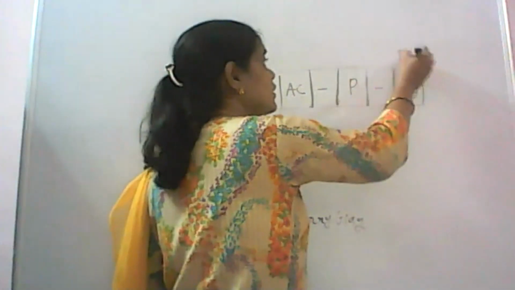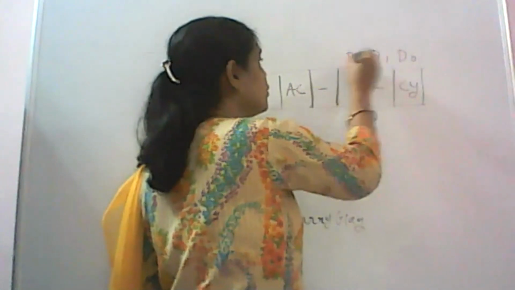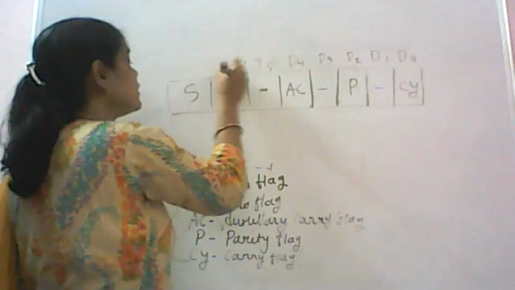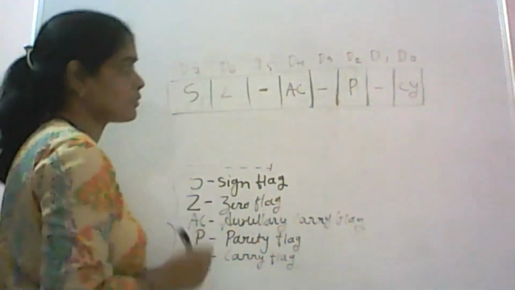Here bits D0, D1, D2, D3, D4, D5, D6, D7.